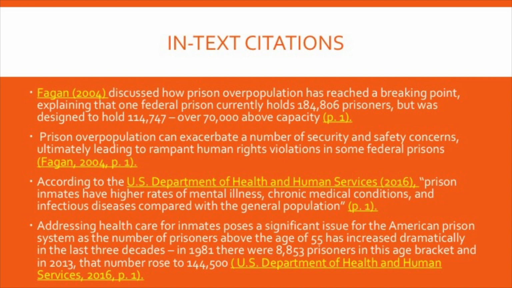I think this is where a lot of students will slip up because these are tough. It's hard to put bookends around the information that's directly from a source and what you've pulled out of your own brain and your experiences. But this is really the type of thing that you want to pay attention to. This is where plagiarism happens, right here in the trenches with these in-text citations.